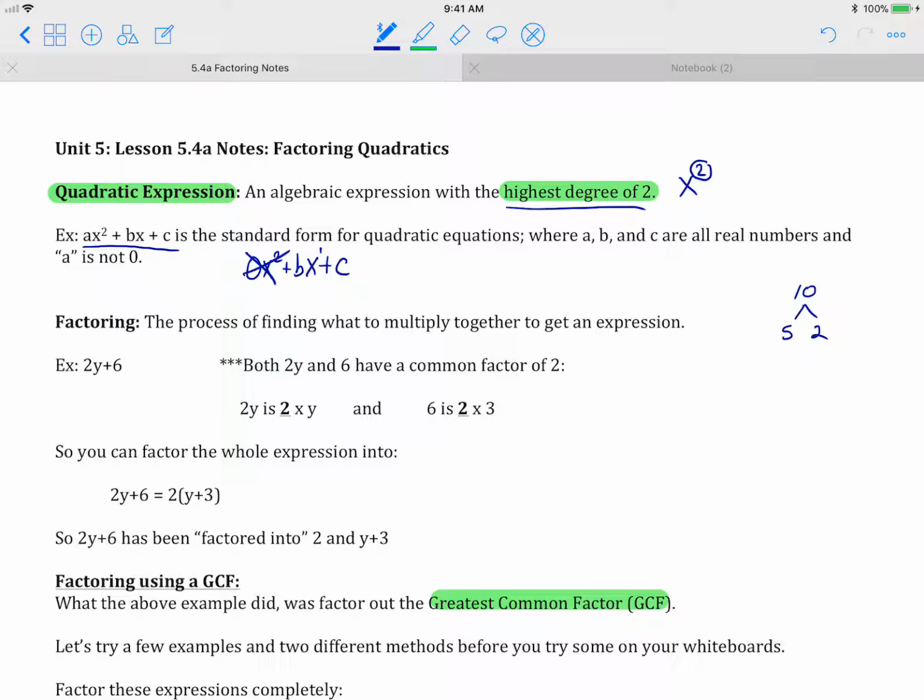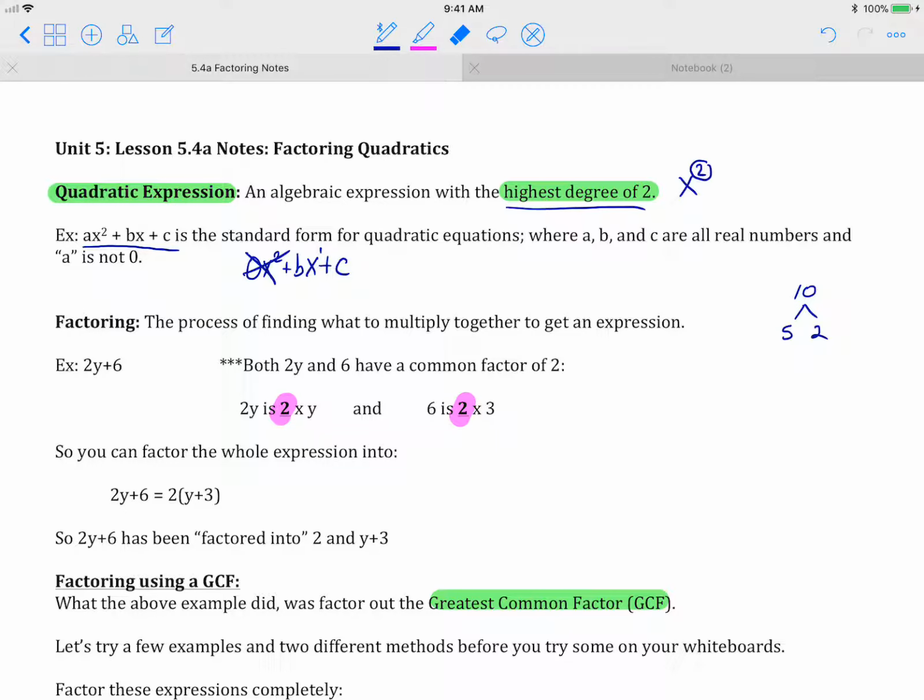Now looking at this example, we have 2y plus 6. Well, both 2y and 6 have a common factor of 2. We see that 2y has a 2, and 6 has a 2. So both of those have a 2.